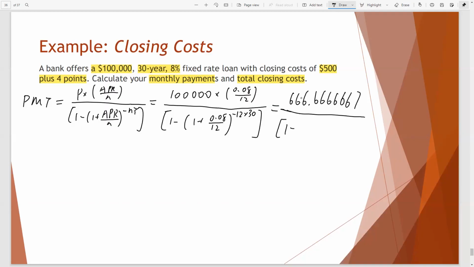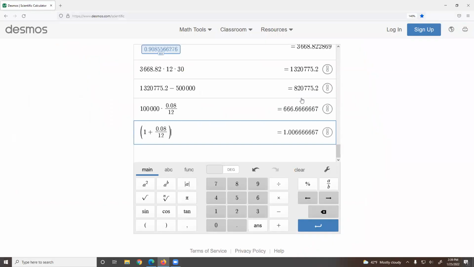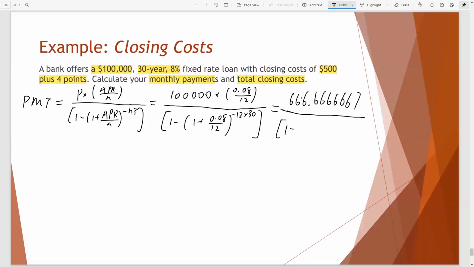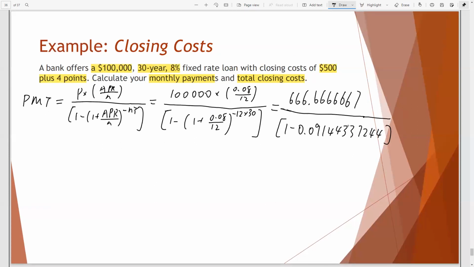Right, 1 minus the number, 0.08 over 12, raised to the power of 360 payments, 9.091443, 7244. It's just like the same number as the last one, since that's a 30-year APR 8%.